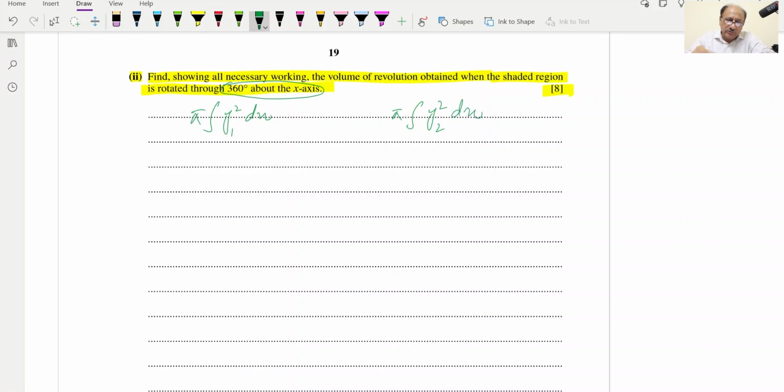We have two equations, so we will be rotating, for example, a line. We can take one equation, for example over here, pi integral (1 by 2x plus 2) whole squared, and the second is y is equal to (x minus 1) whole squared plus 2. So these two processes we will be doing simultaneously, and we can integrate this.